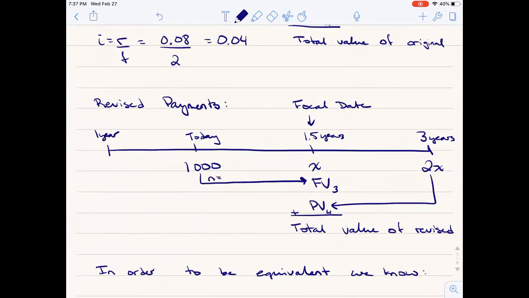For this little guy, from today to 1.5 years from today is just 1.5 times 2, which is 3. And again, from 1.5 years to 3 years is also 1.5 years. I'll cheat and just say 3. It's the same.